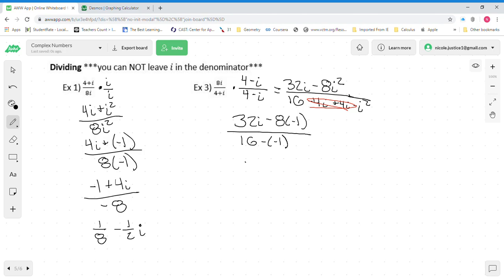So negative 8 times negative 1 is a positive 8. So 8 plus 32i over 16 minus negative 1 is going to give me 17. And there is your final answer. Again, you could break this up, but more often than not, they're going to leave it like this since it's going to definitely have the same denominator.